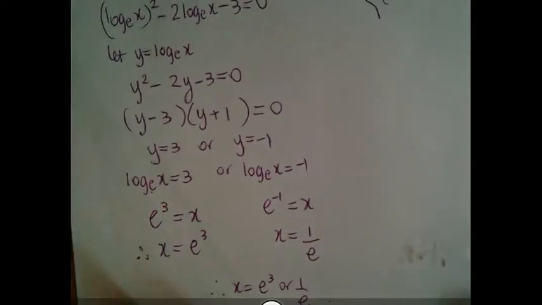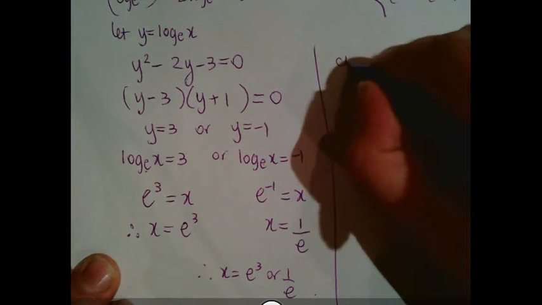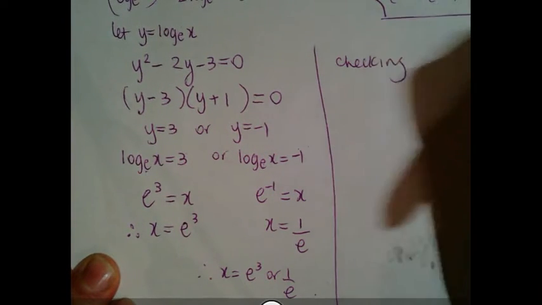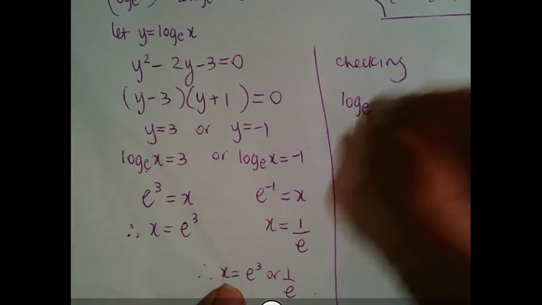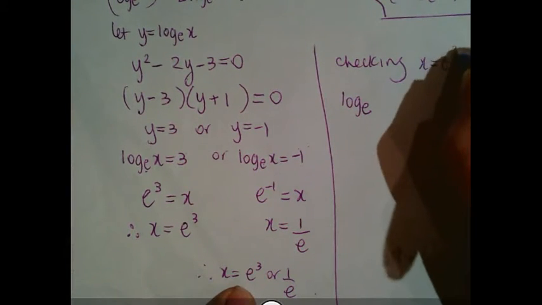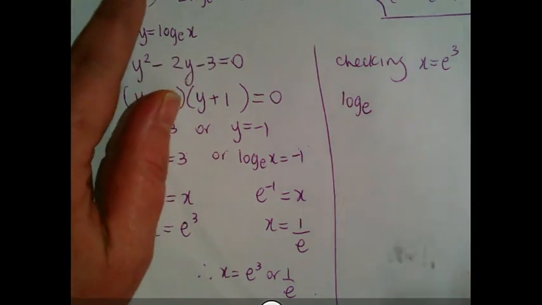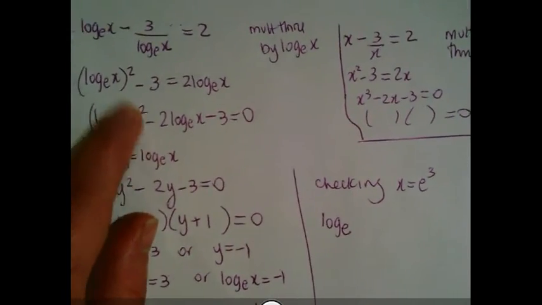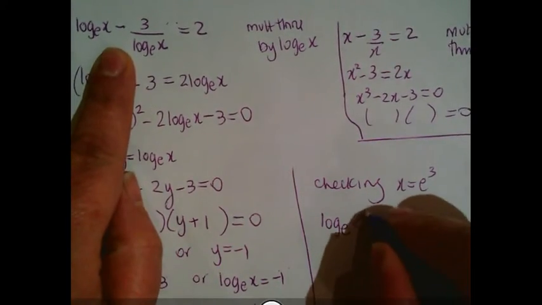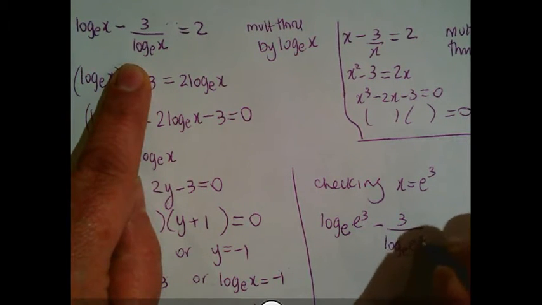Okay? And if you want, you can check and see if that works. So checking, I'm going to check for x is e cubed, for example. The question is up here: log to the base e of e cubed minus 3 over log to the base e of e cubed.